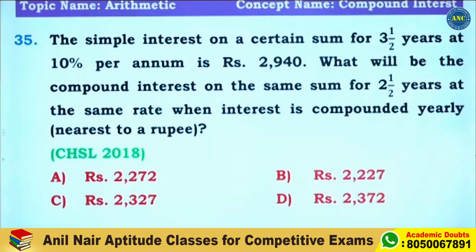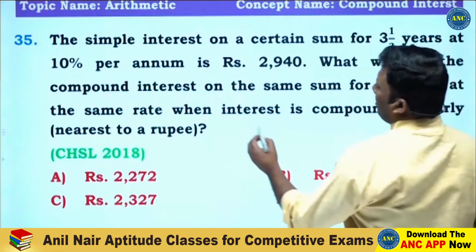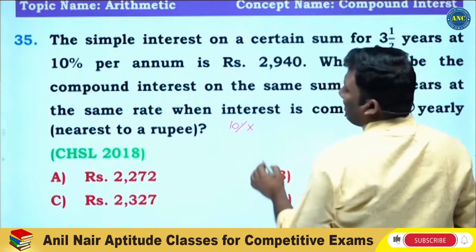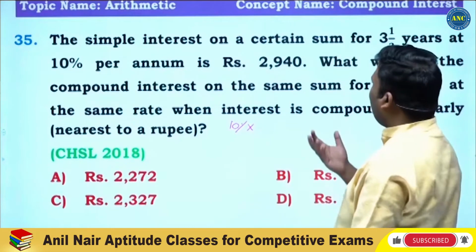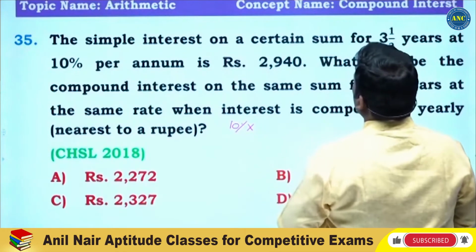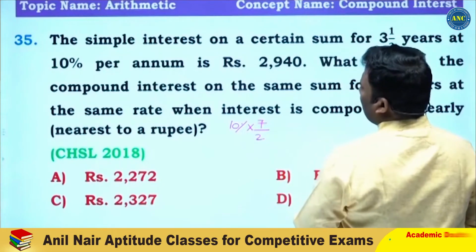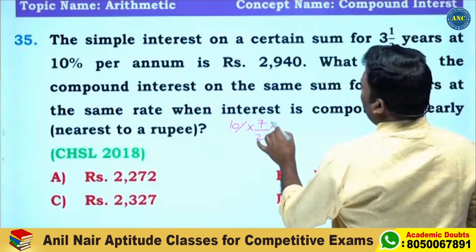The simple interest on a certain sum for 3.5 years is 2940. So simple interest for 1 year it is 10%, second year it is 10, third year it is 10. So for 3.5 years, it is 2940.